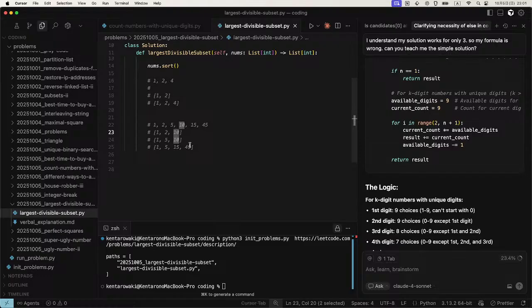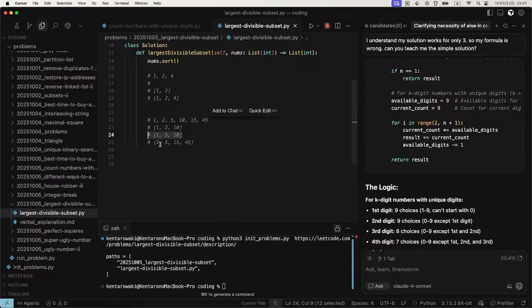So if it is the same size, we don't care. The important thing is the last element and its size. So that's the logic to determine the information.